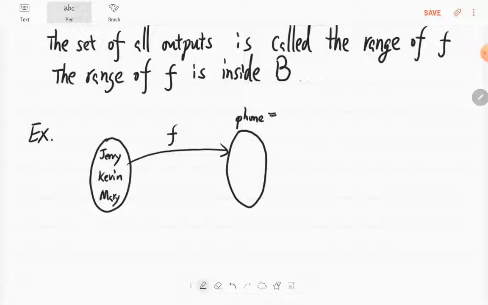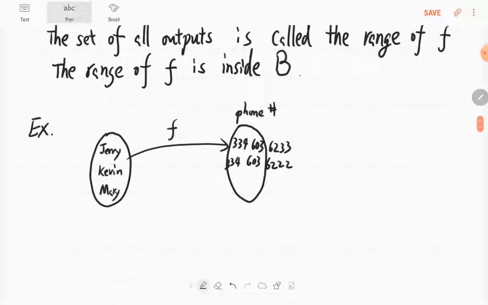For example, Jerry has a phone number 33403.